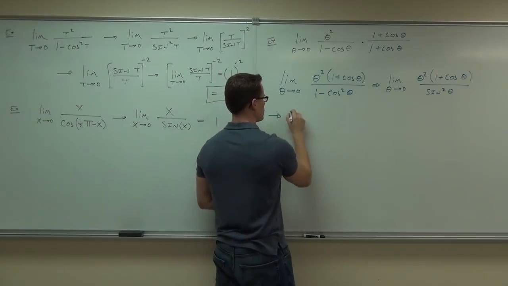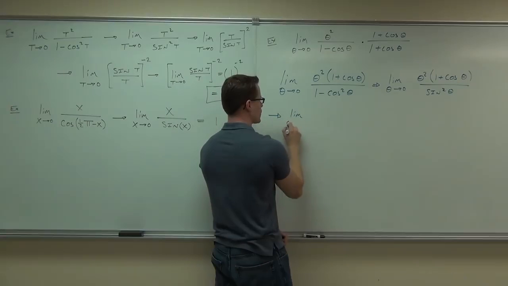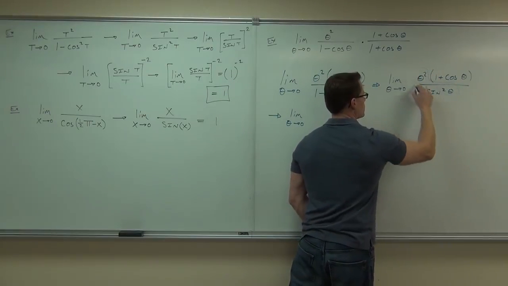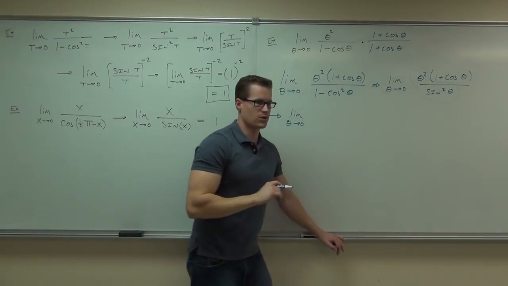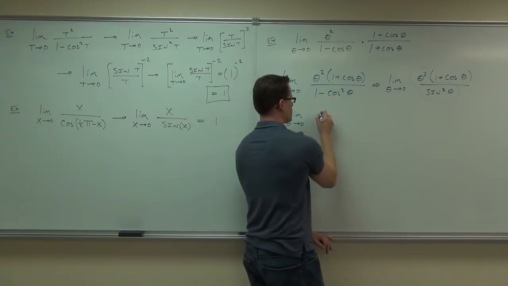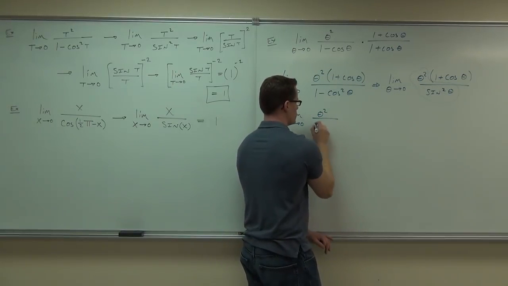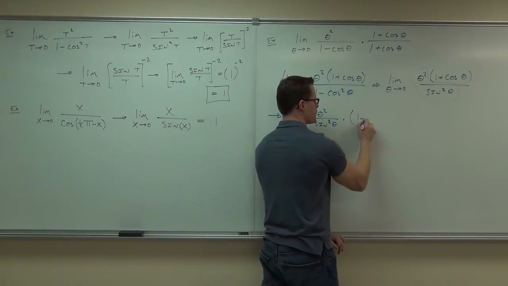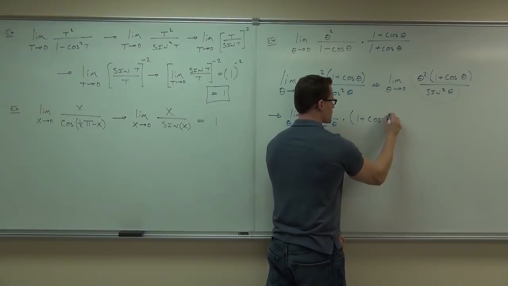Right now, all I care about is that you see that this right here is going to go together. Do you see it's going to go together? And it's going to be multiplied by 1 plus cosine theta.